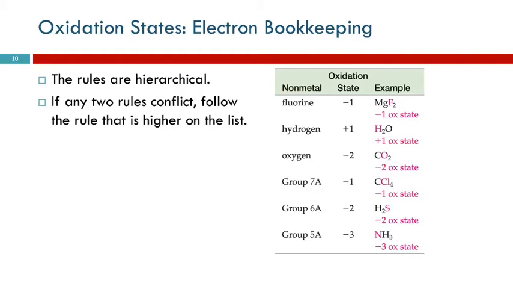So this is the list, the order of priority. If fluorine is there, she gets what she wants first. Then hydrogen, then oxygen, then group 7, group 6, and group 5. So how do you remember that? Anybody like pho? Yummy noodle soup, right?